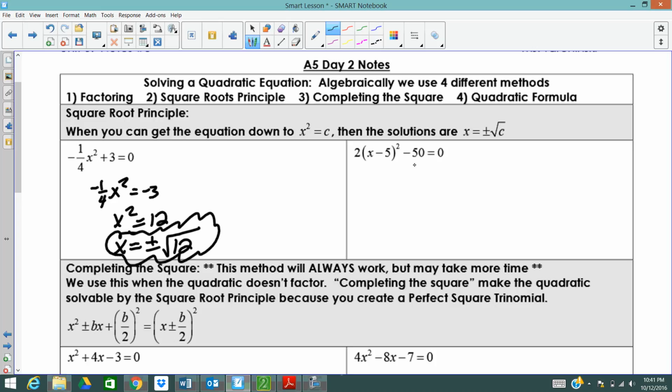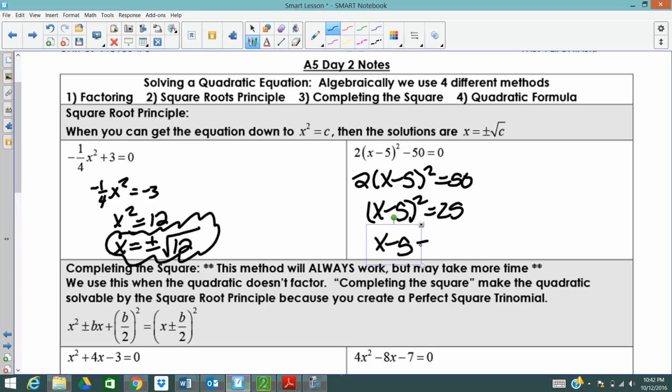Number 2, I'm going to first add 50 over. So we get 2 times the quantity x minus 5 squared equals 50. Divide both sides by 2. So we get x minus 5, that quantity squared equals 25. And now we're going to take the square root of both sides. So we get x minus 5 equals plus or minus 5, because the square root of 25 is 5, and plus or minus because we physically drew in the square roots.